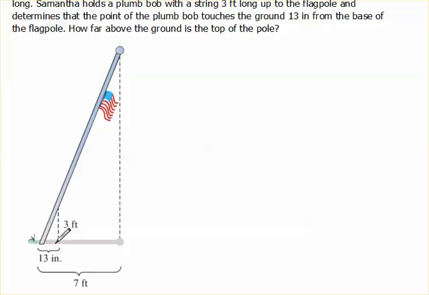So we have similar triangles here that have been set up. Now, if we compare parts to parts, I'm looking for, say, that side, let's call it x. I could compare 3 feet to 13 inches, and that would be in comparison with x feet to 7 feet.